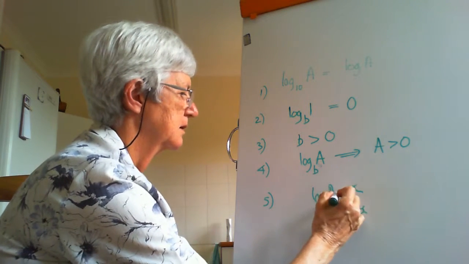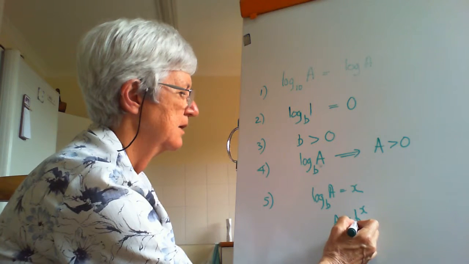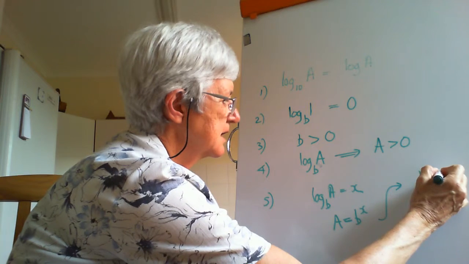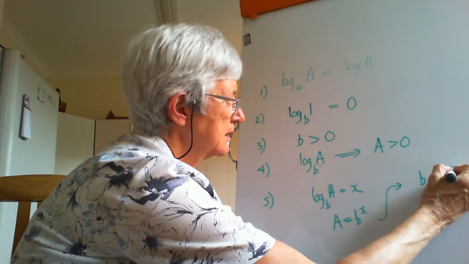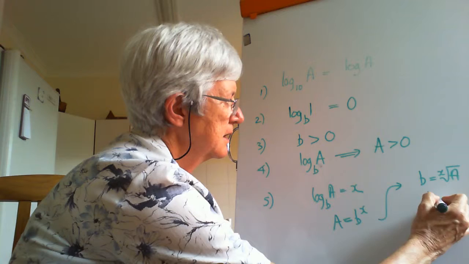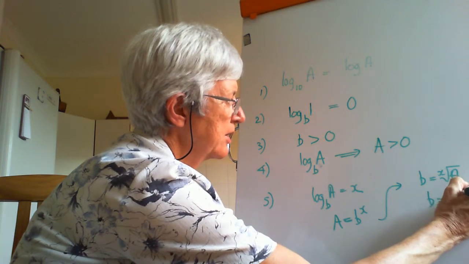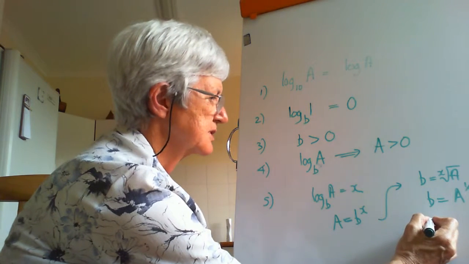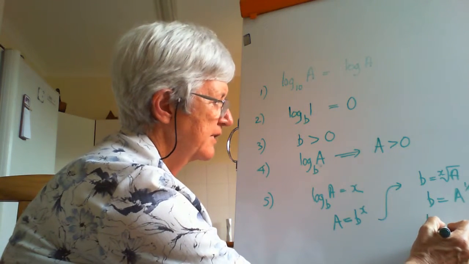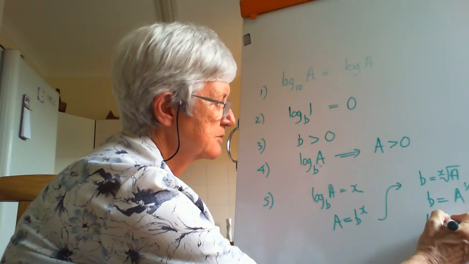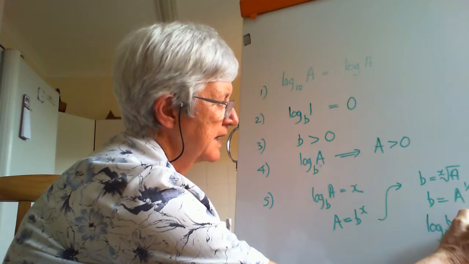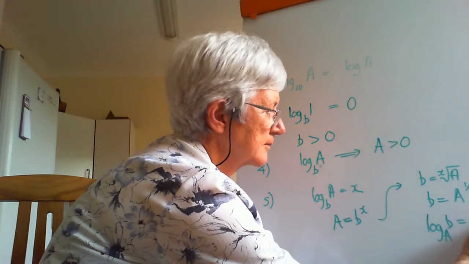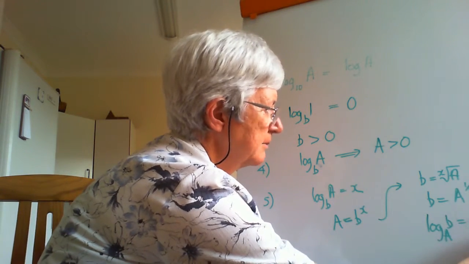Now, we could say from here that b is the xth root of a. In other words, b is a to the power 1 over x. And if we put that into log form, we could say that the power of a which gives b is 1 over x, which was log to the base b of a.